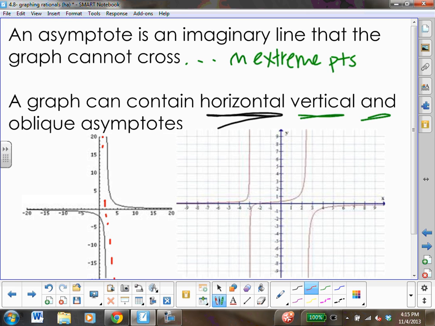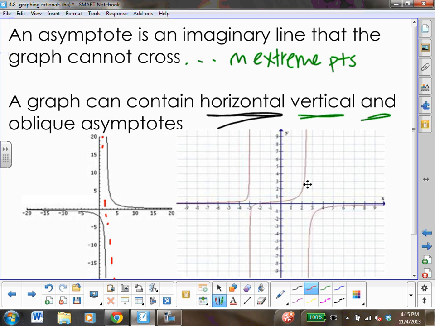Now in the second picture, it appears that we have an asymptote at x equals 0 and a vertical asymptote around x equals negative 3 and a vertical asymptote around x equals negative 2 or positive 2.5.